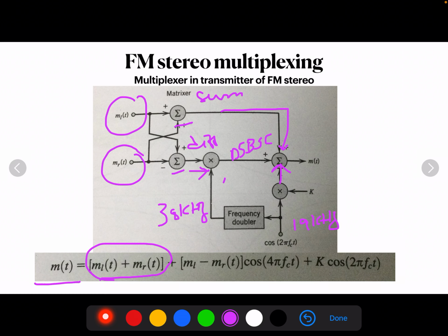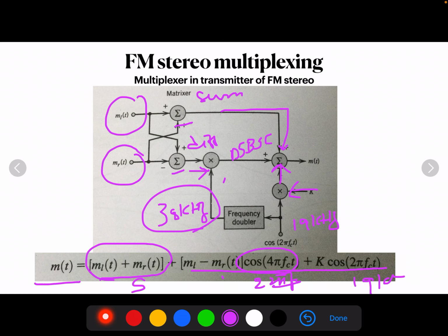This is the sum signal and this is the difference signal, that is M_L(t) minus M_R(t), into cos(4πf_c t), that is twice 2πf_c t. So it is a 38 kilohertz DSB-SC signal and you have a pilot signal which is centered at f_c. So this is 19 kilohertz and this is 38 kilohertz signal.